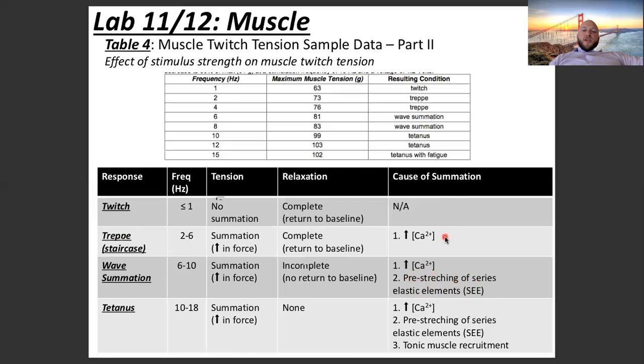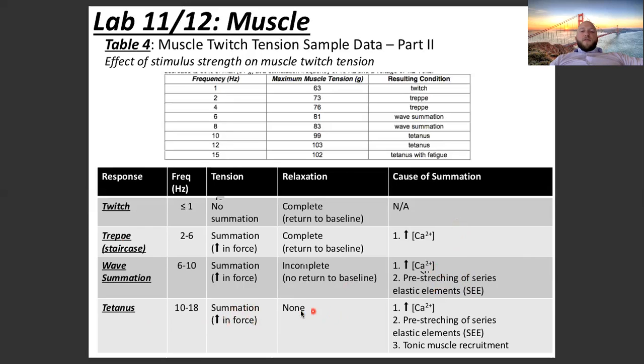With twitch and treppe, we're not going to be at maximum stretch the whole time. There's going to be some relaxation, some decrease in the amount of stretch within the muscle cell. Once we get to wave summation, there's no decrease in the amount of stretch. It's always maximum stretch.